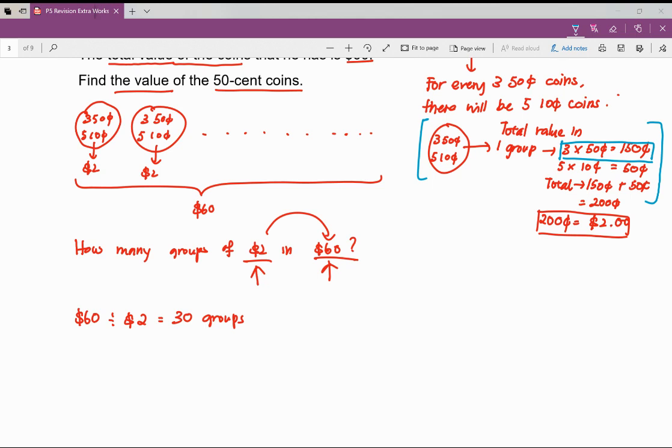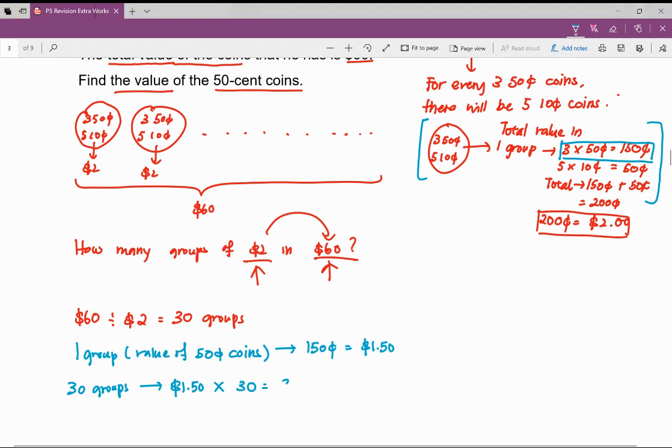Okay, so what I can do is I'll write down one group, the value of 50-cent coins is actually 150 cents, or you can translate to $1.50. Okay, then if I have 30 groups, it will be $1.50 times 30, and that will actually be $45. Okay, that's it. All right.